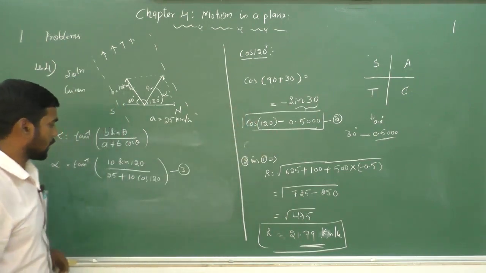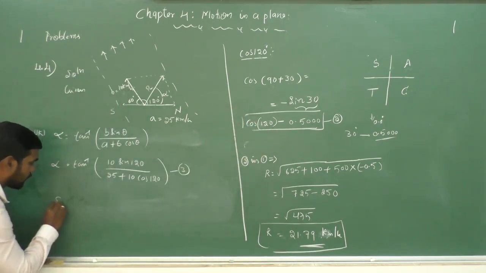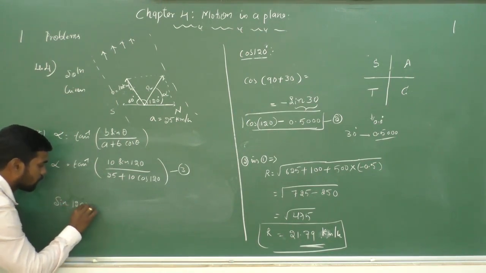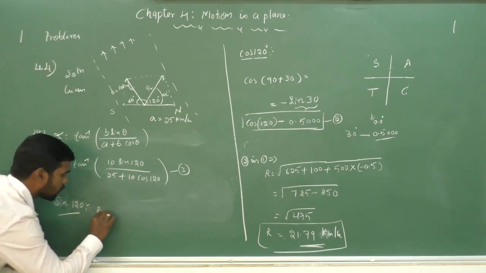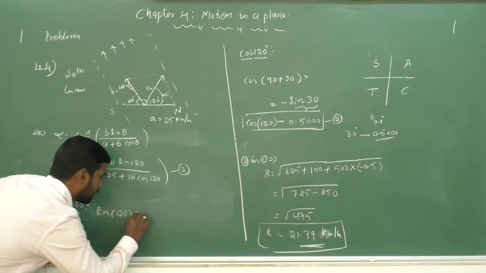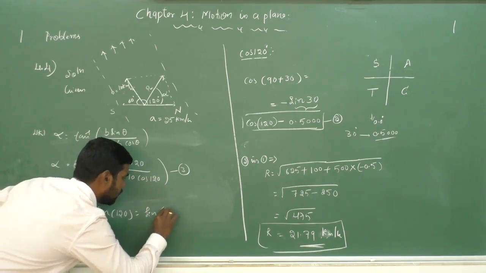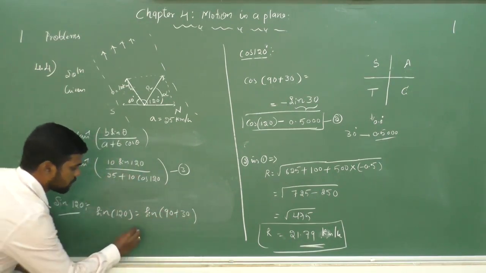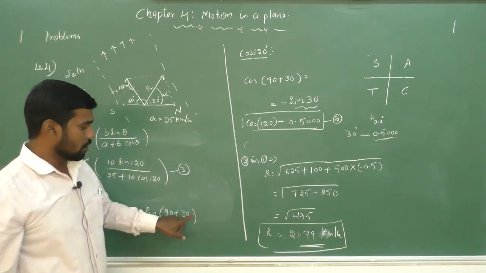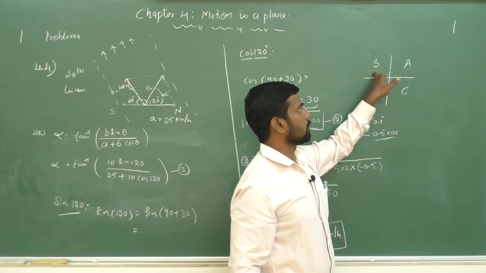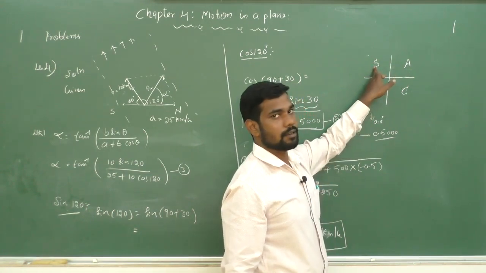We need to find out sin 120 value. For that I am going to do the same thing. Sin 120 can be written like this: sin of 90 plus 30. Sin 90 plus 30 means it will come in the second quadrant.